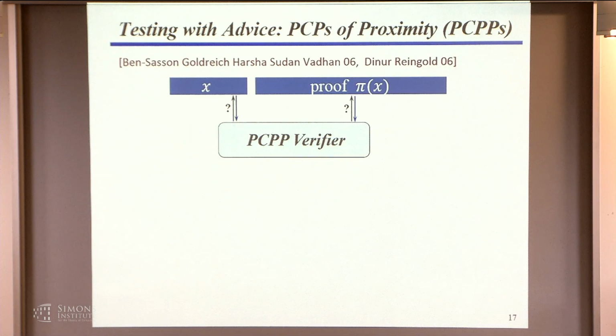Another component that we're going to use is PCPs of proximity. So think about testing with advice. PCPs of proximity, abbreviated as PCPPs, were defined by Ben-Sasson et al. and simultaneously by Dinur and Reingold.